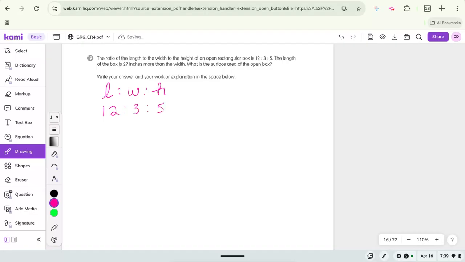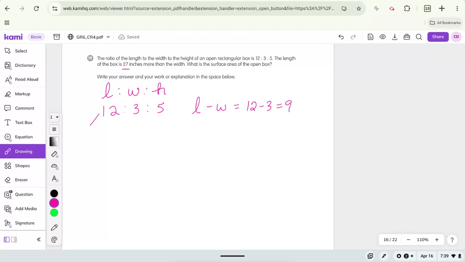Now we're told that the length is 27 inches more than the width. So that should mean that if you take the length and subtract the width, it should be 27. But in this case, the length is 12 and the width is 3. And 12 minus 3 is not 27, it is 9. But if I multiply 9 times 3, that does give me 27.